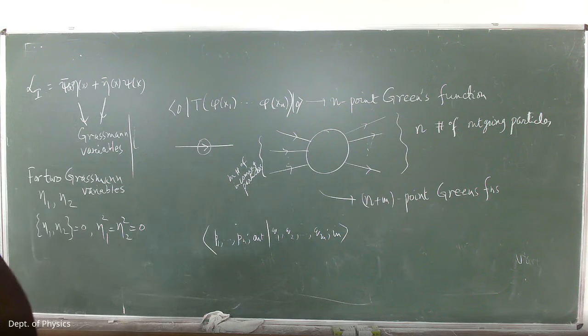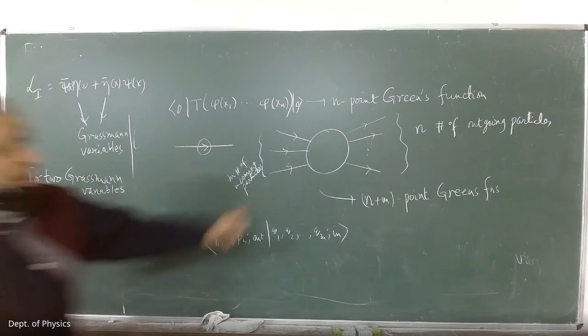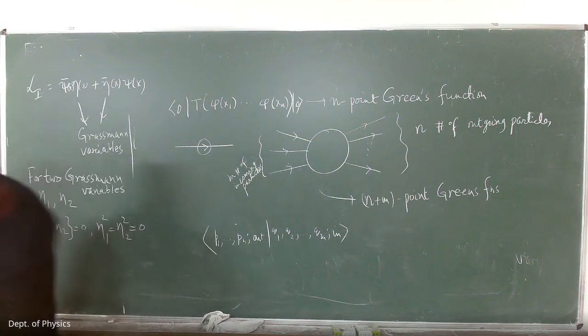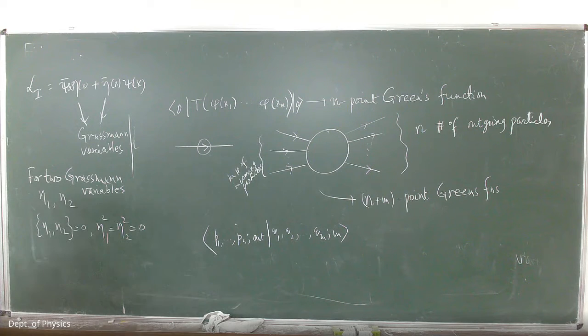You are not supposed to see it. If you see it, the interference pattern will be destroyed. What you are supposed to do is prepare a state, send some particles, let them interact, and see the outcome. What they are doing in between, you are not supposed to see.